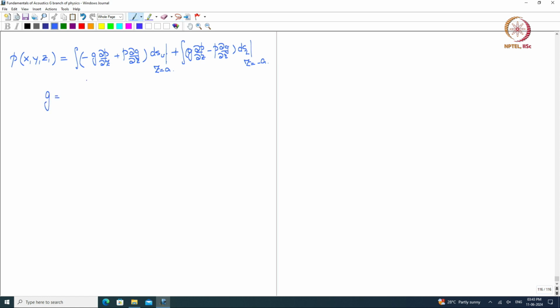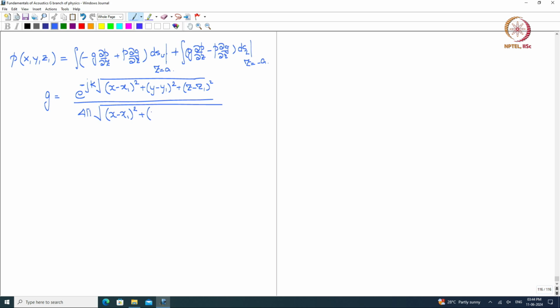The g has e to the power of minus jk square root of (x minus x1) whole squared plus (y minus y1) whole squared plus (z minus z1) whole squared, divided by 4 pi square root of (x minus x1) whole squared plus (y minus y1) whole squared plus (z minus z1) whole squared. We will be looking at z derivatives all the way, okay.